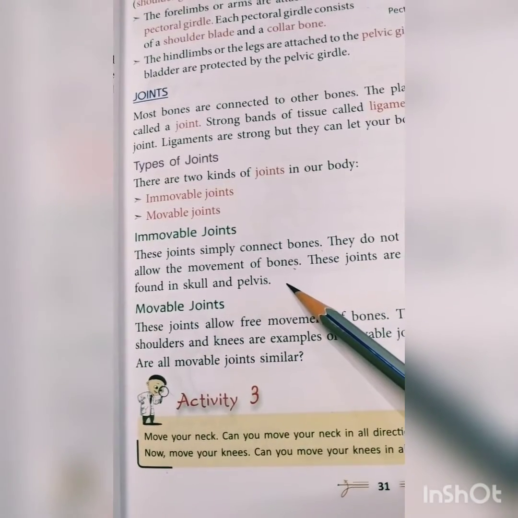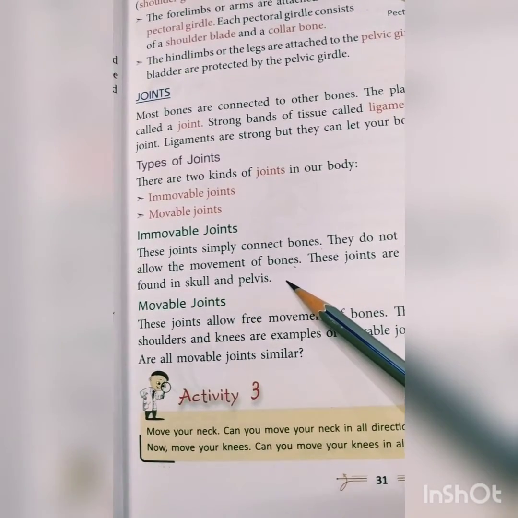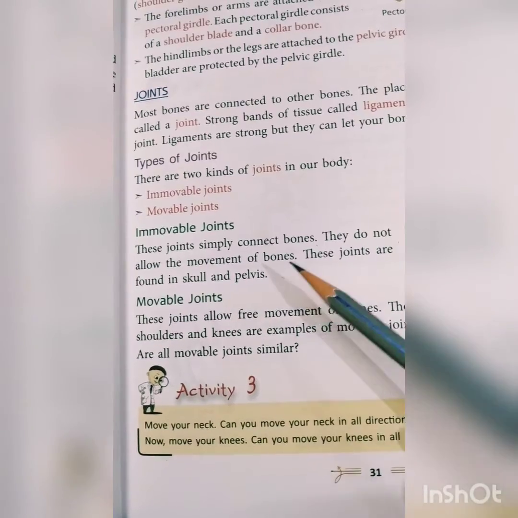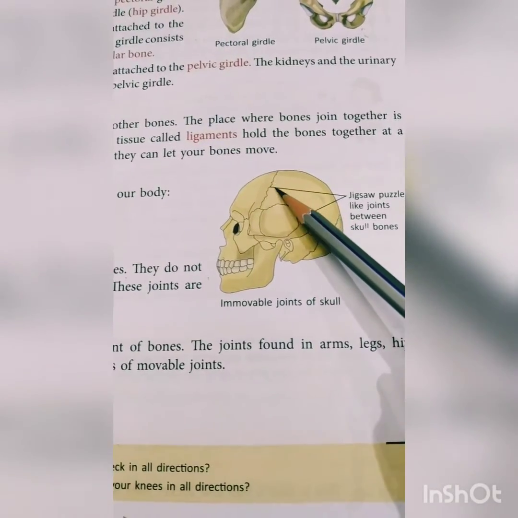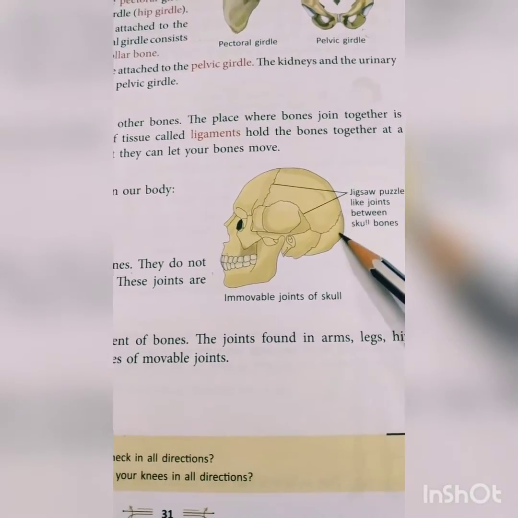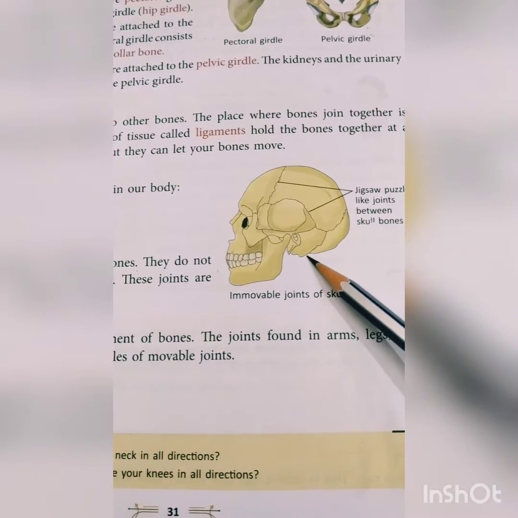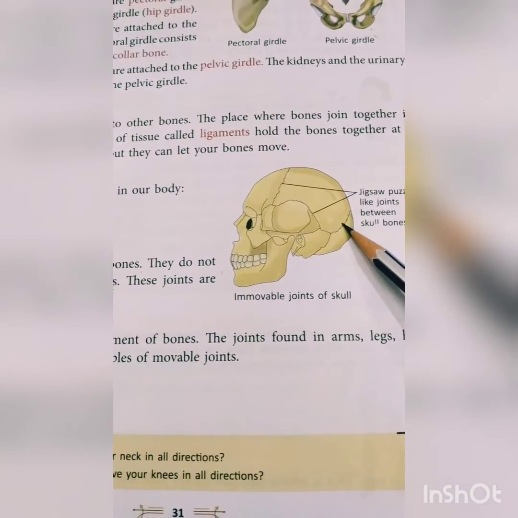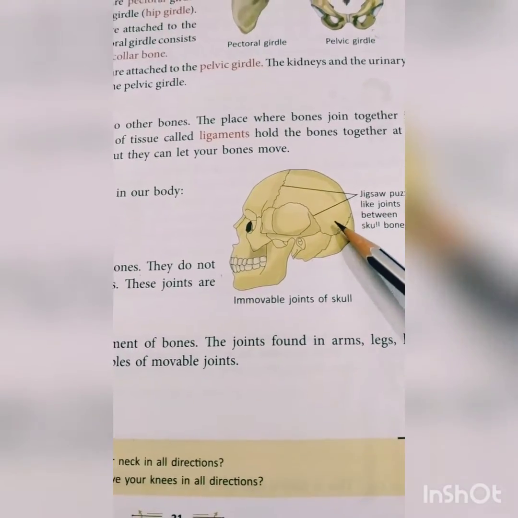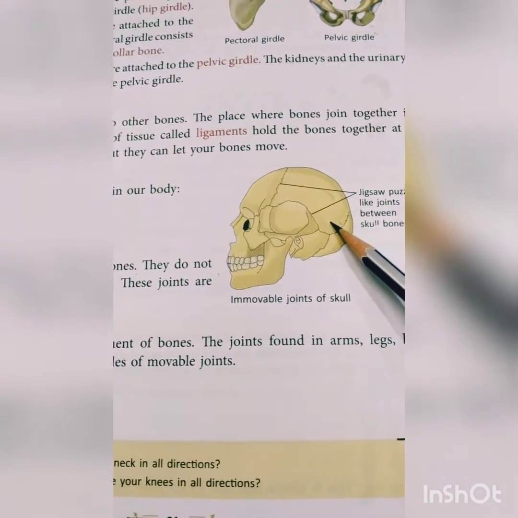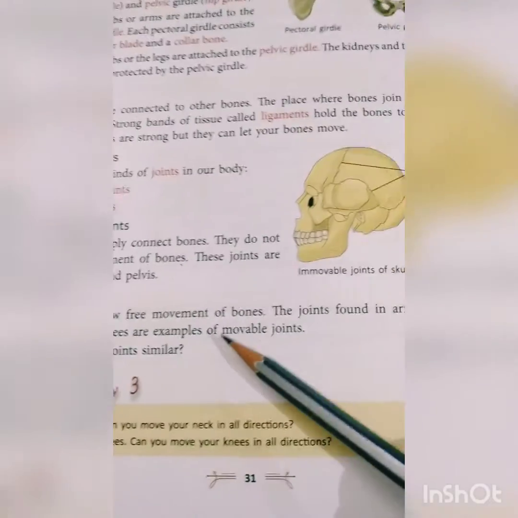So these joints do not move, and they are called immovable joints, and especially we can see this type of joint in the skull. Here we see this is a joint, this is a joint, right? So these joints cannot move at all. Fine, and these types of joints are called immovable joints.